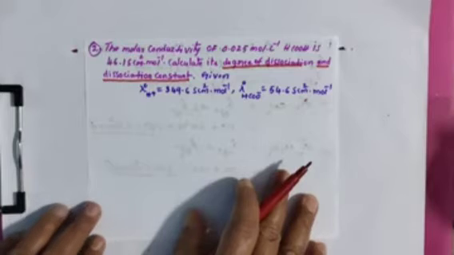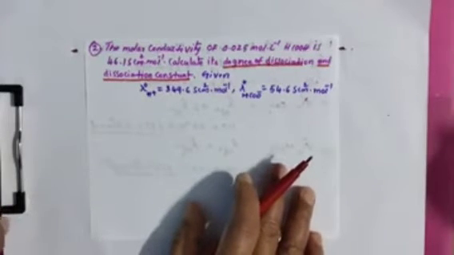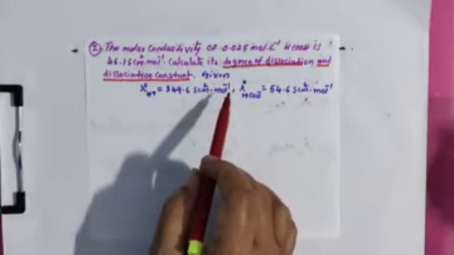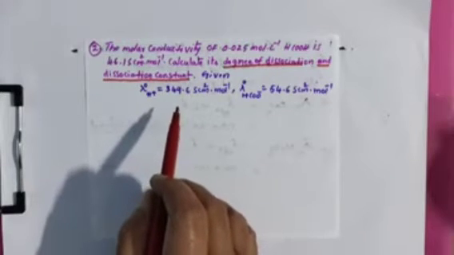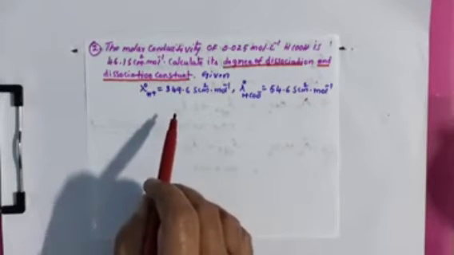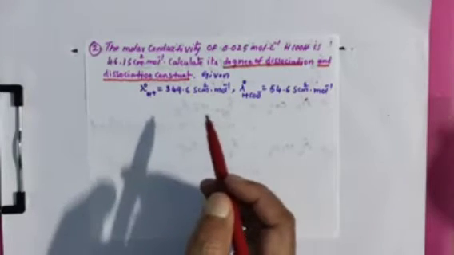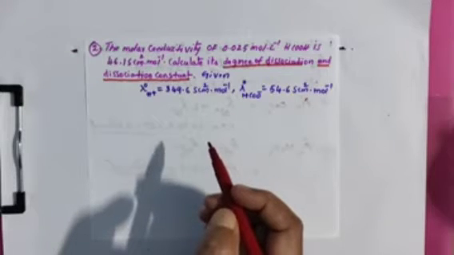So the molar conductivity they only given. We have to calculate the degree of dissociation and the dissociation constant. 2 problems are there here. Clear? So how to calculate the degree of dissociation and dissociation constant.